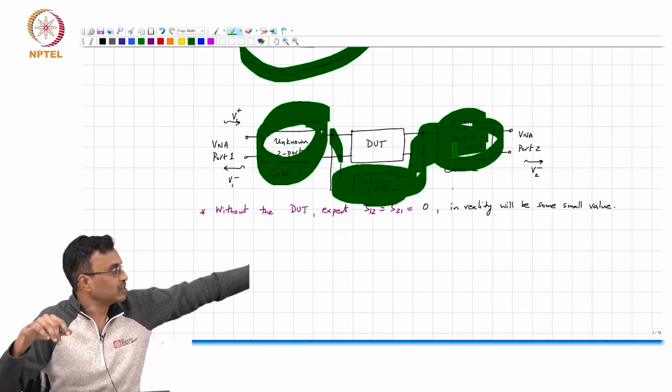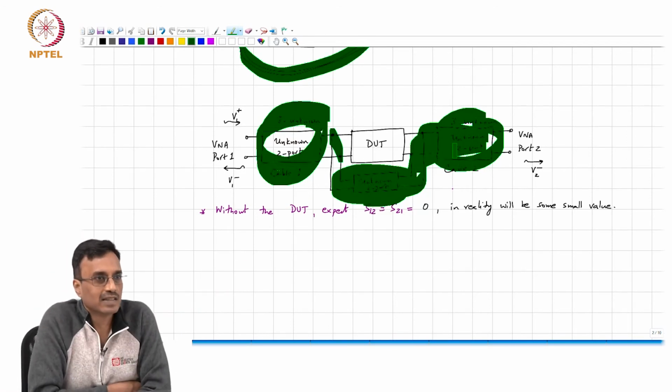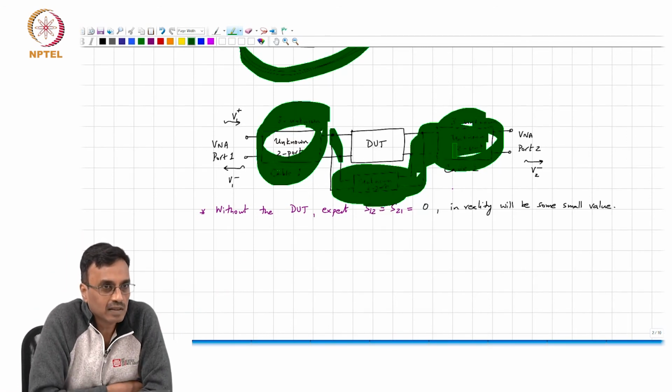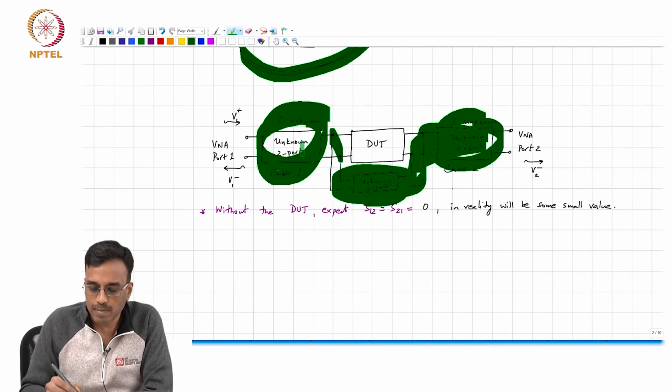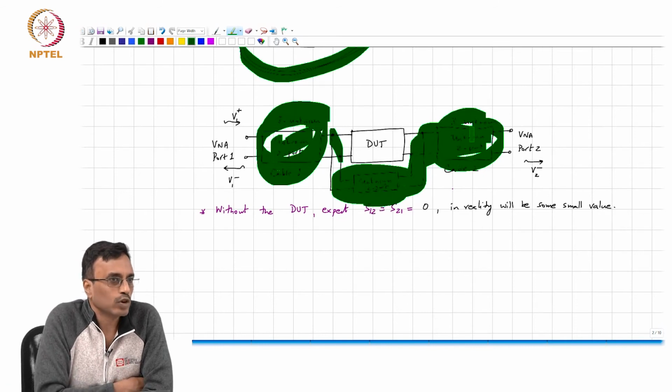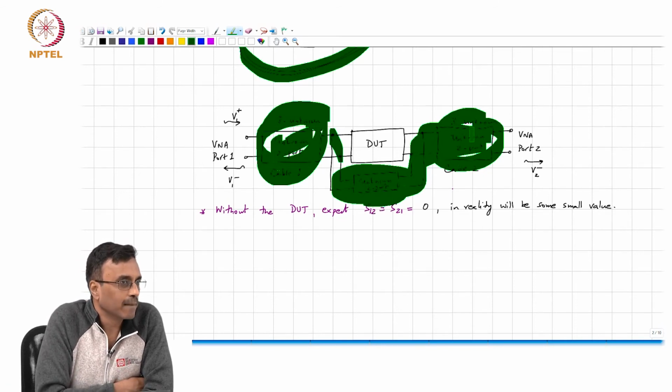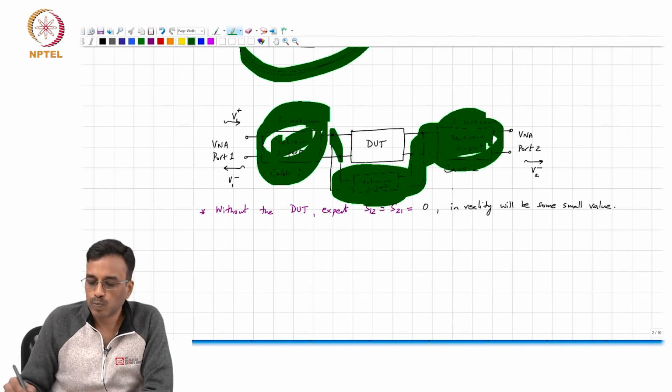But that path hopefully has a very small strength. So the first cut approximation is to say, when I am calibrating port 1, I assume that this path's gain is so small that it does not affect calibration of port 1, right? Similarly with port 2.